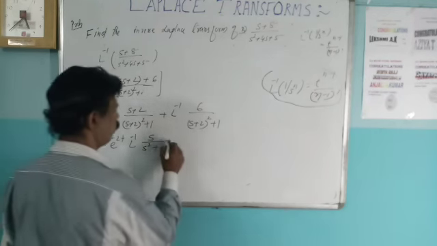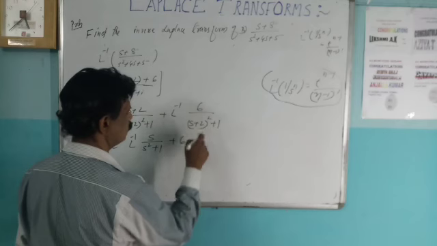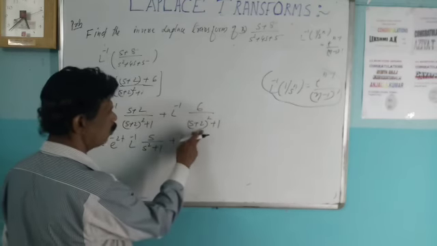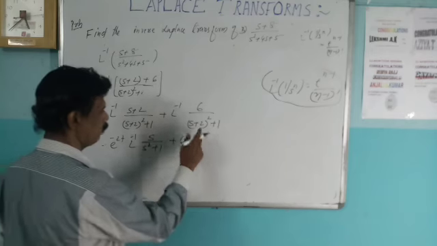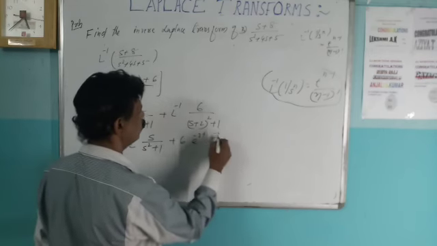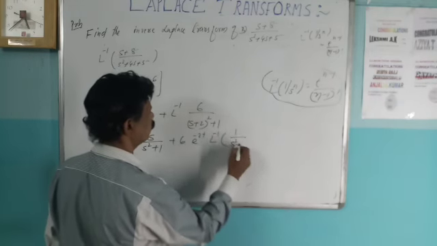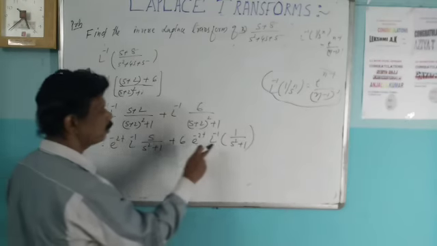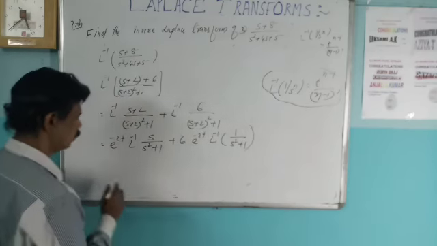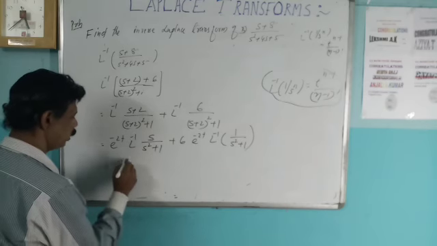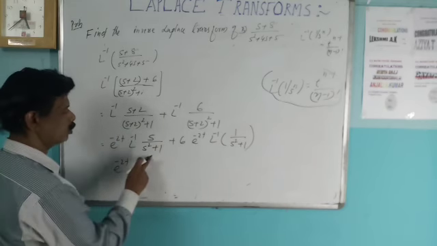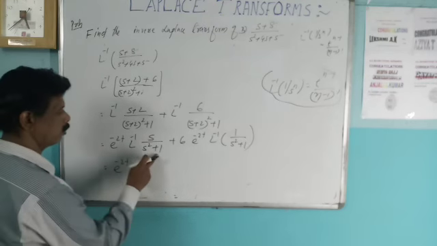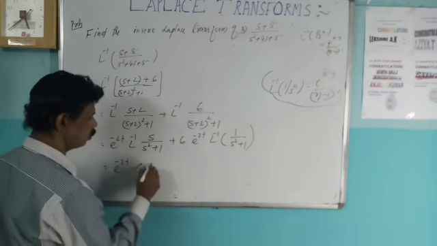And again plus 6 out of Laplace inverse of 1 by (s plus 2) whole square plus 1 means e raised to minus 2t into Laplace inverse of 1 by s square plus 1. Laplace inverse of s by s square plus a square means cos at. Here a means 1, so this is equal to cos t.